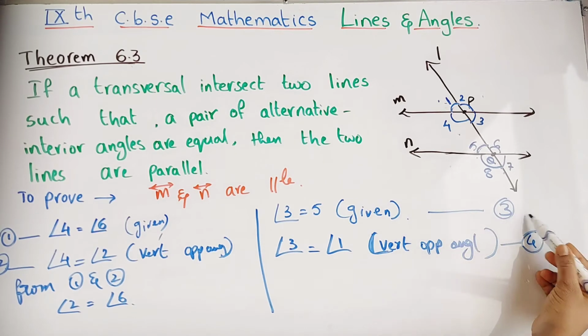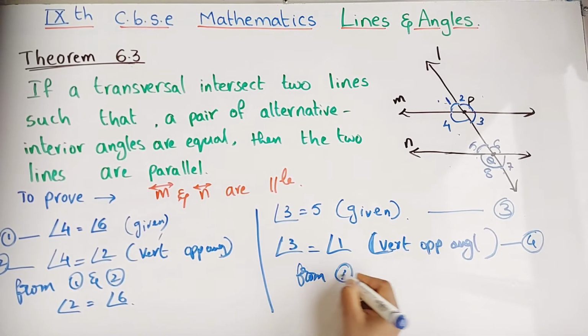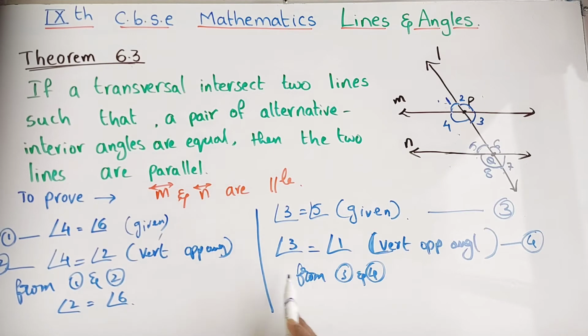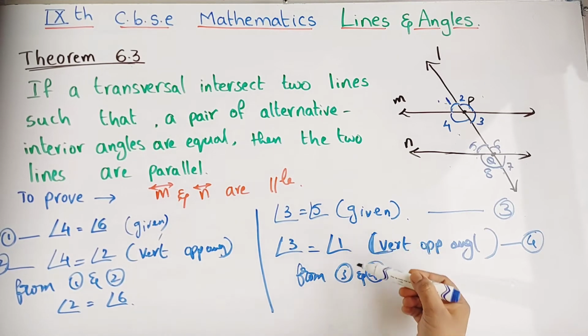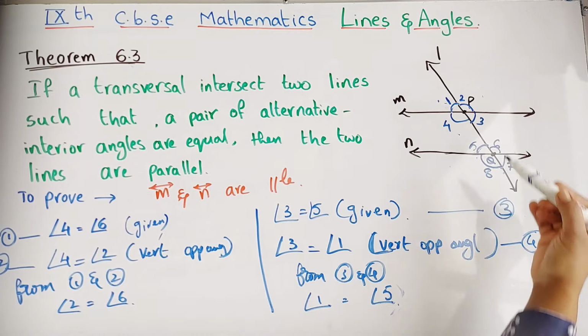So from 3 and 4 we can write, see here angle 3 equal to angle 5, angle 3 equal to angle 1. I can make these both equal. That means angle 1 equal to angle 5. Right, children? Angle 1 equal to angle 5.